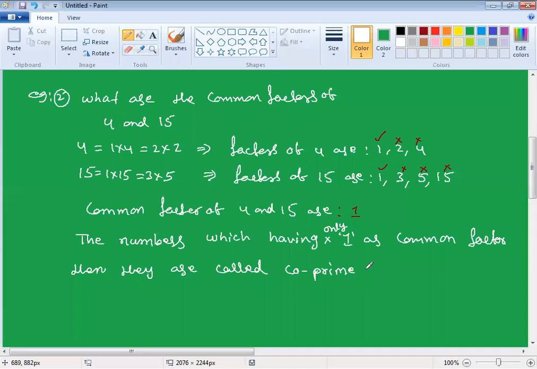So the numbers which have only 1 as a common factor, where except 1 there is no other common factor, that's why they are called co-prime numbers.